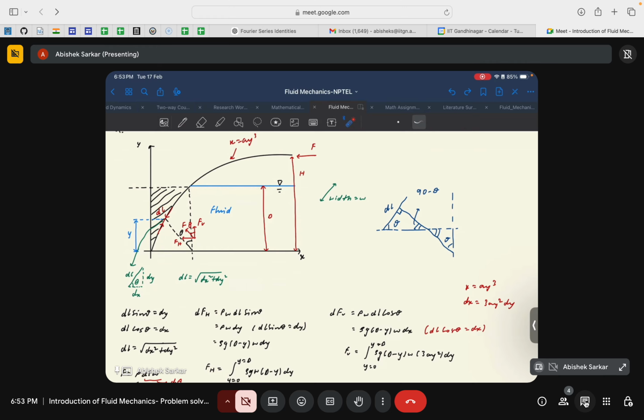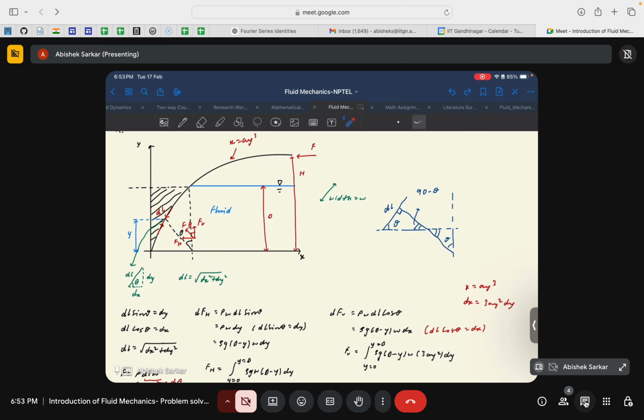Similar to the previous example of the semicircular shaped gate, we need to again take the aid of calculus to find the net force that acts on this particular area. Since there is no definitive way to evaluate the net force using simple relations, we need to take the help of integration.